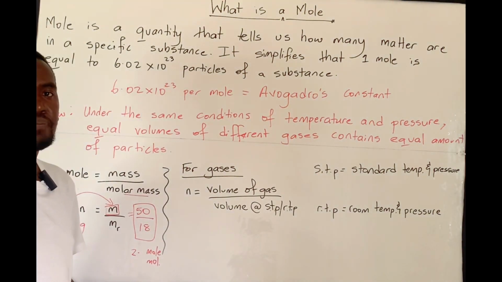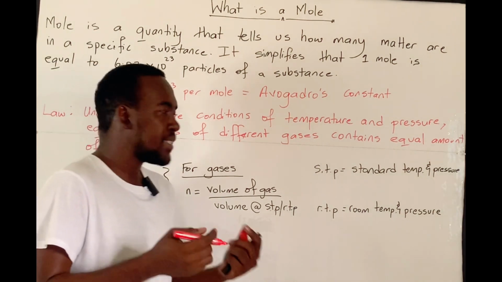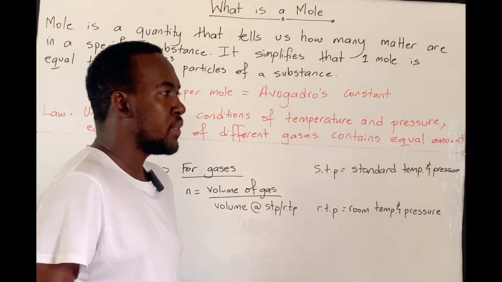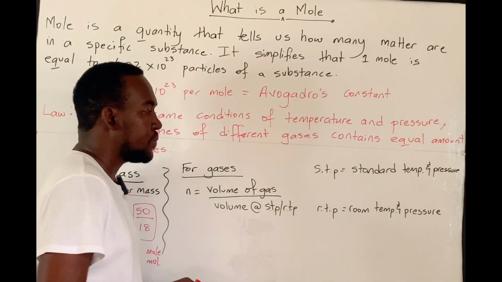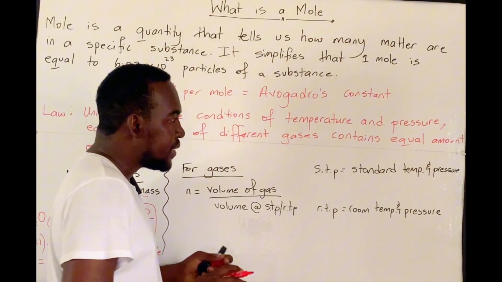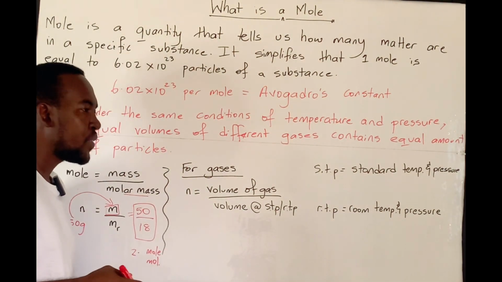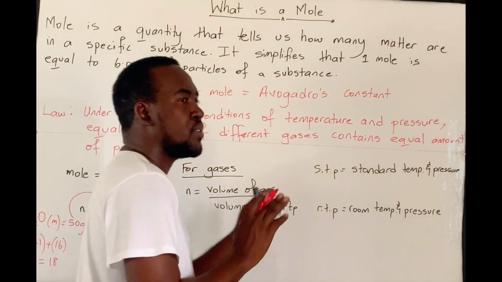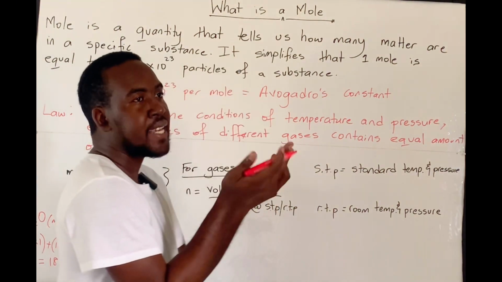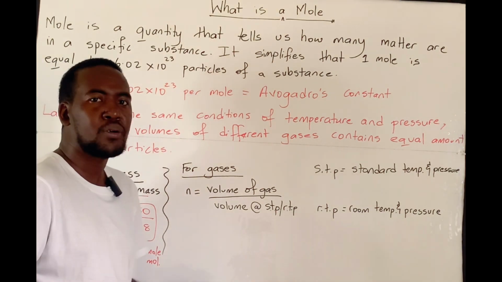the RTP. Now, the STP represents standard temperature and pressure, right? And the RTP is room temperature and pressure. So what these two conditions tell us is that, based on his experiment, whenever he did these two conditions, every single gas that you experiment on had something unique about it.